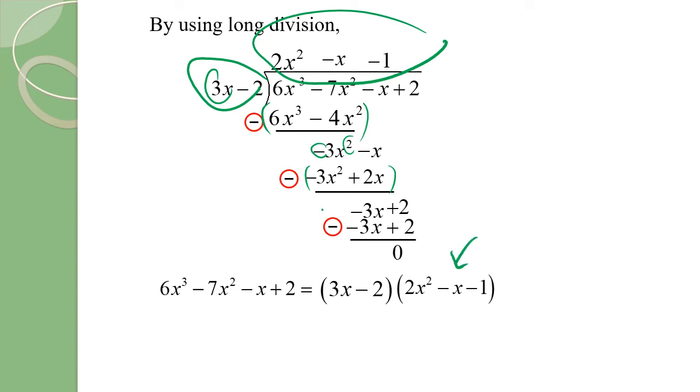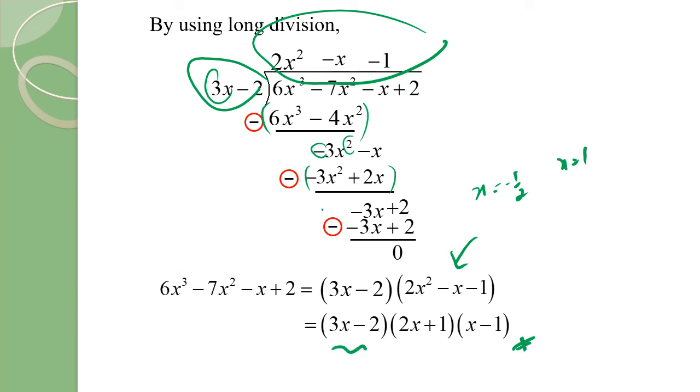Can we factorize 2x squared minus x minus 1? Use your calculator. We have x equal to negative 1 over 2 and x equal to 1. So that's why it will be 2x plus 1 and x minus 1. So this is the answer for the factors. Sorry, not other factors but roots.